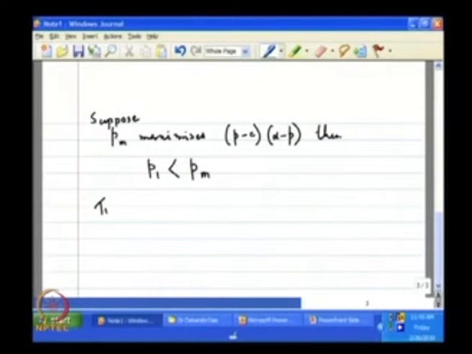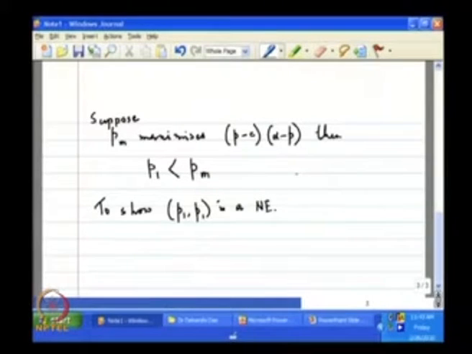So, to show this, we are given the assumption that if both the firms charge the same price, then firm 1 gets the demand, all the demand. So, if both the firms are charging the same price, firm 2 is not getting any part of the demand, it is not getting any profit therefore.